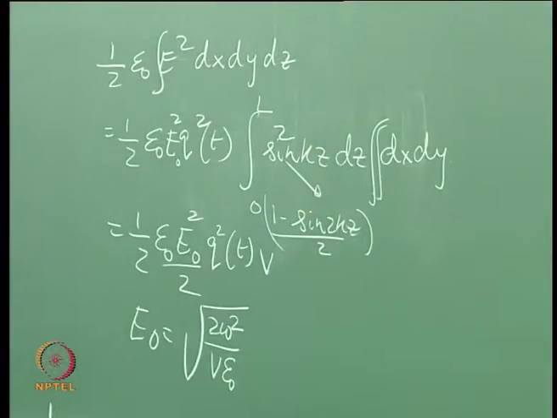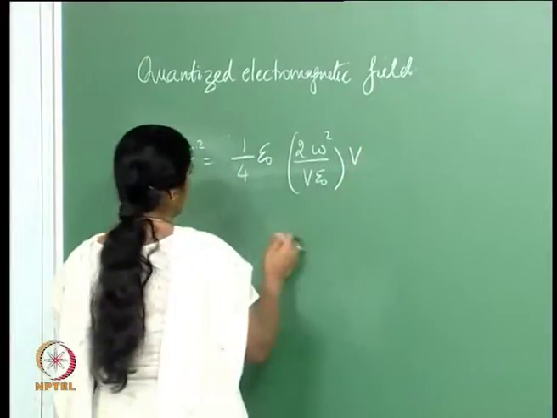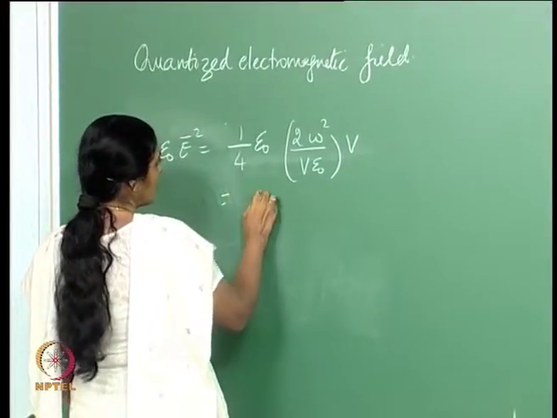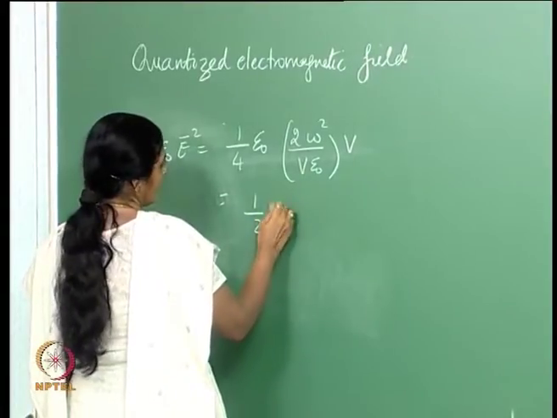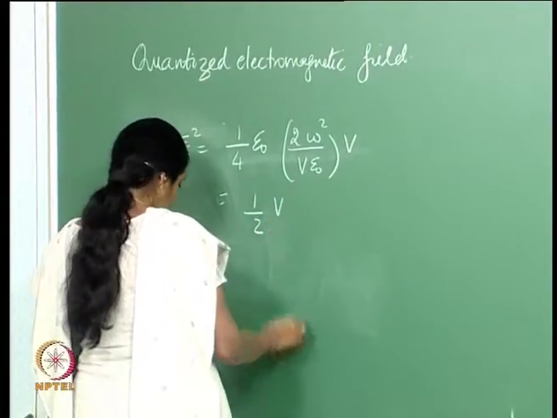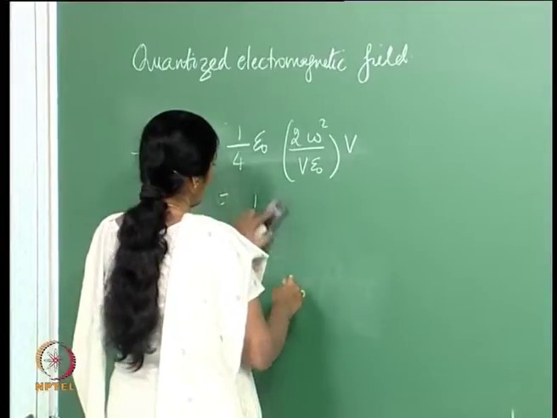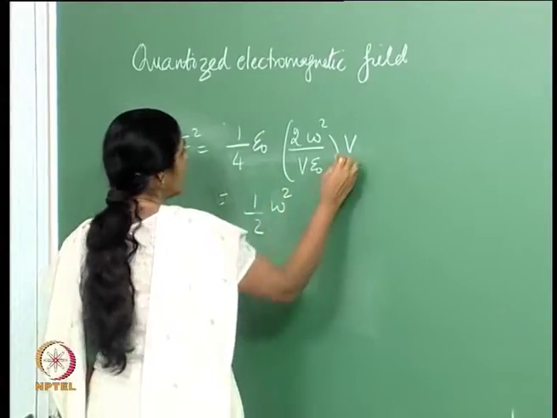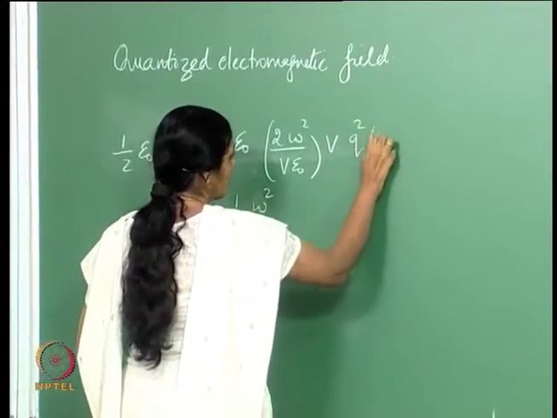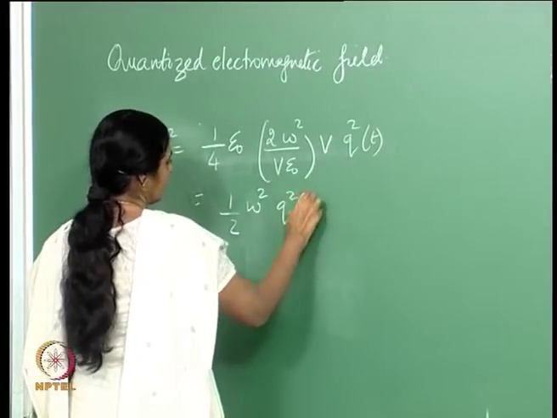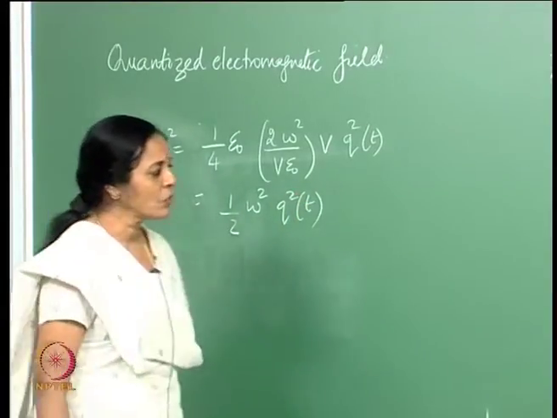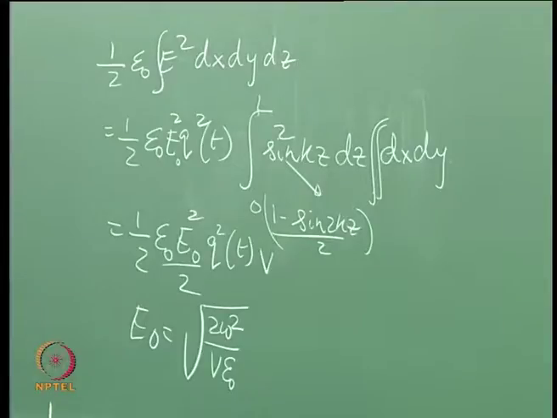And there is a V by 2 which I pulled out due to the integration. I have already absorbed the 2 there, so that gives me a V. And this object is just half omega squared. But there was also a q squared of t. So I have half omega squared q squared of t. So that is the first term.